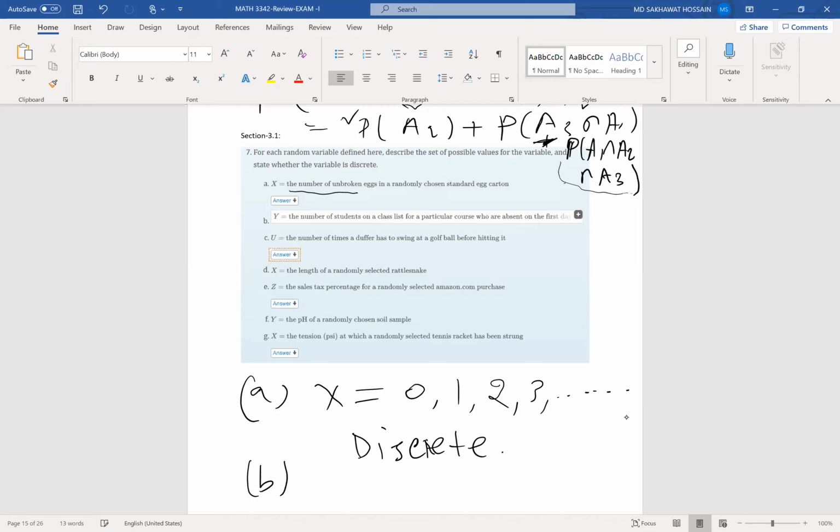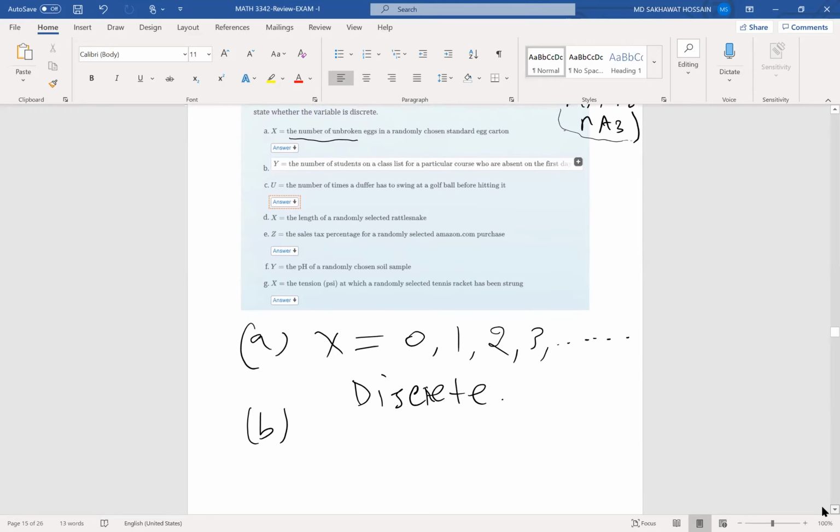Part B is the number of students on a class list for a particular course who are absent on the first day. The number of students is also discrete, because it is an integer, a whole number. It cannot be a fraction.